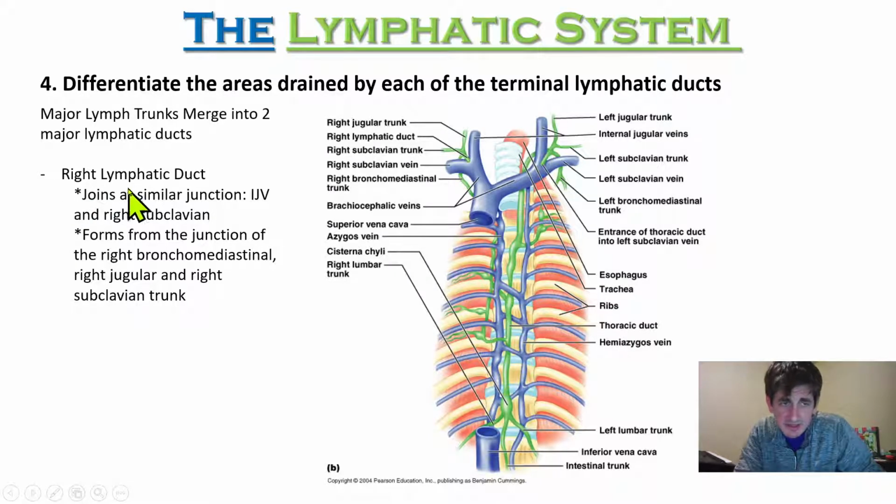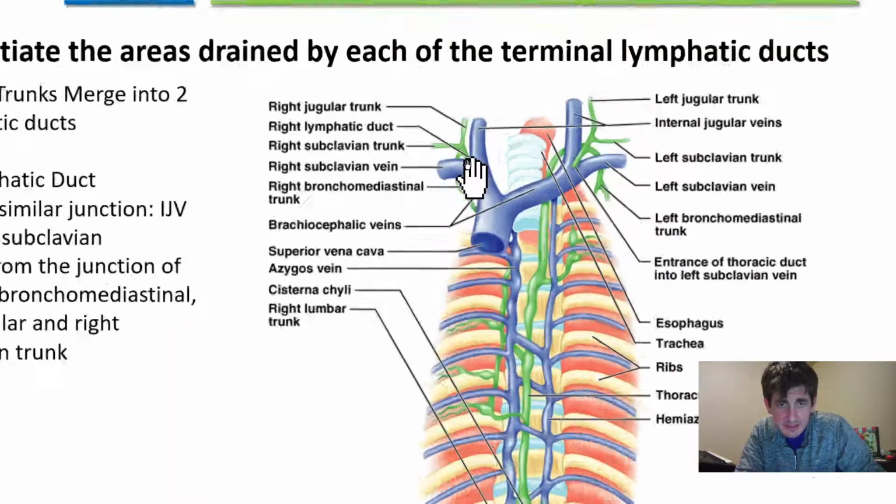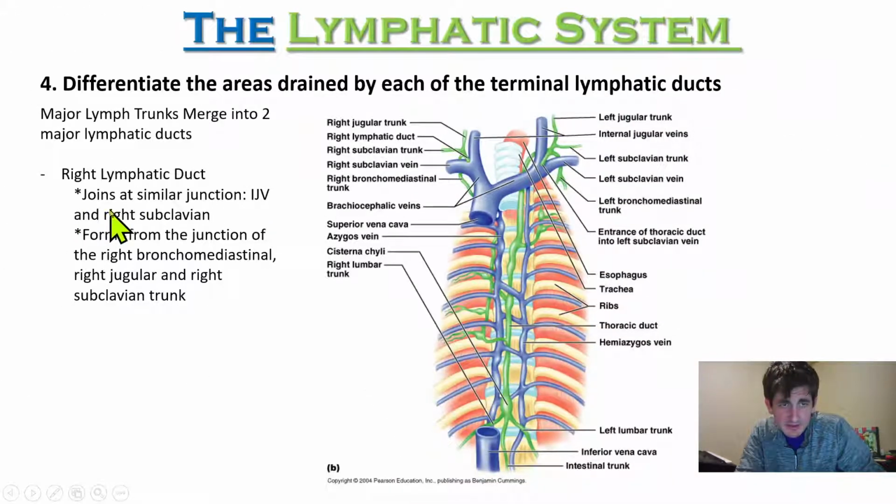So let's talk about the other duct, the right lymphatic duct. This is the smaller of the two ducts. It's right here. And this is going to be joining at the similar junction, the internal jugular vein right here, and the right subclavian vein right here. It forms from the junction of the right bronchomediastinal trunk, right jugular trunk, and the right subclavian trunk.